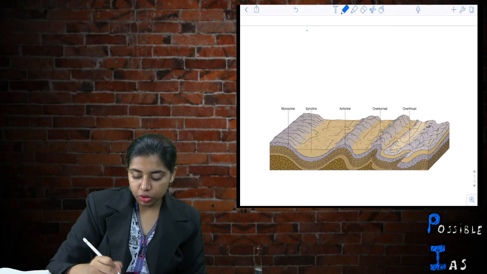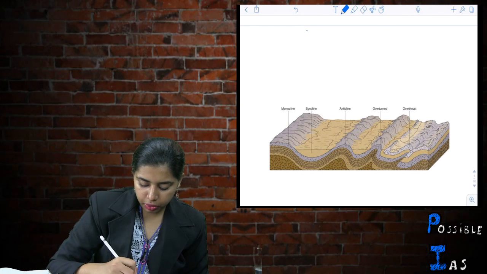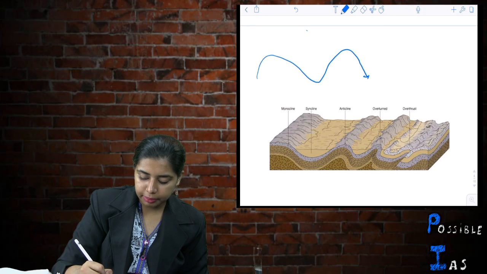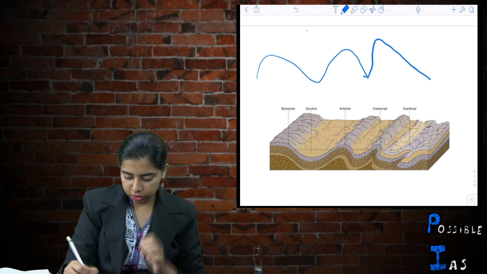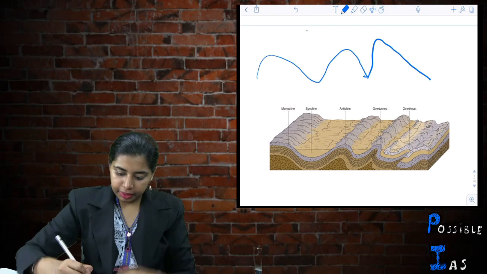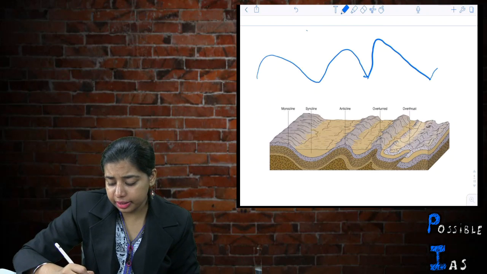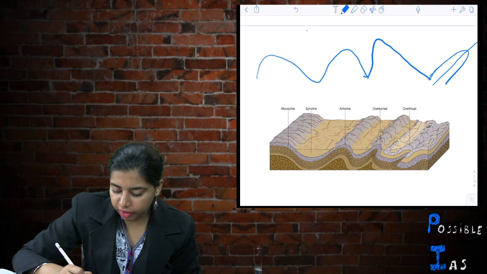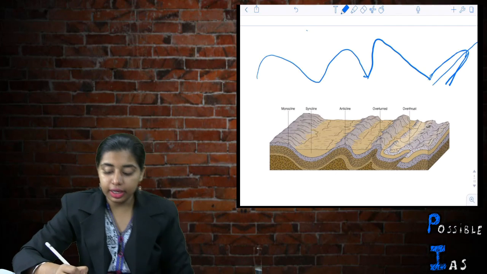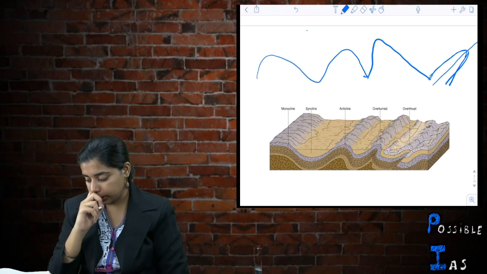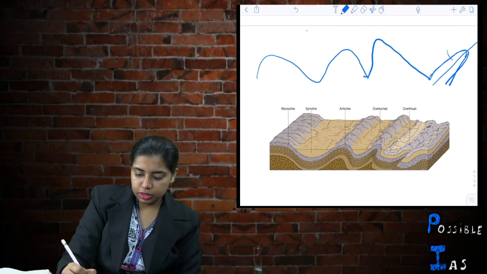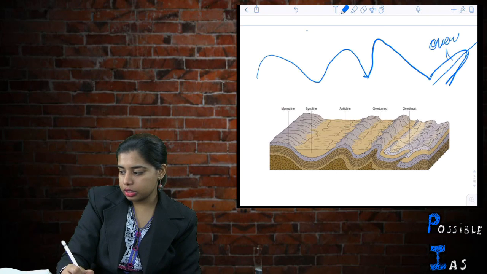Initially it was a syncline and anticline. Then more pressure came, so an overturned fold was formed. Then more pressure came and one limb became almost horizontal, and the axial plane is almost horizontal. Okay, so this is known as an overthrust fold.